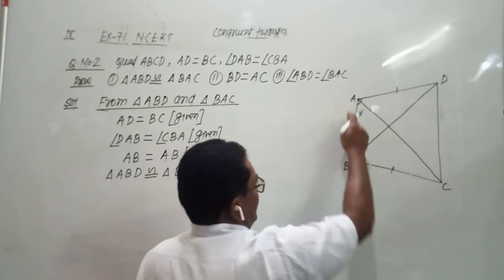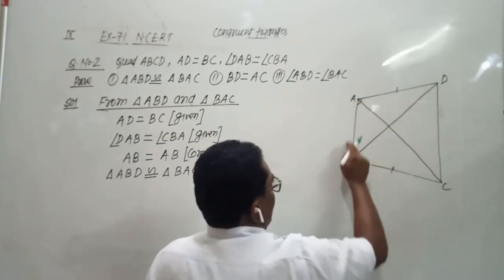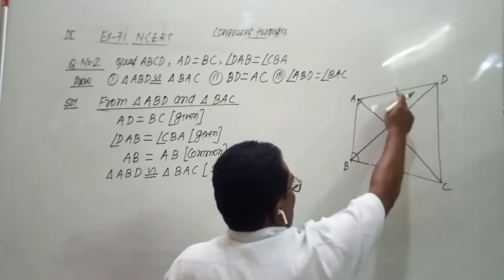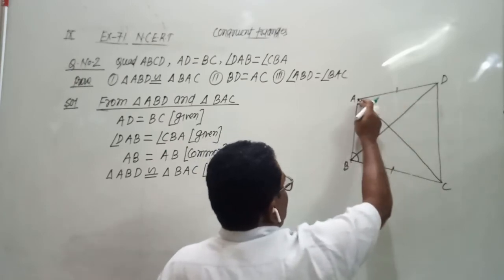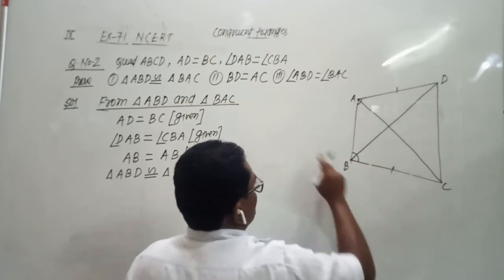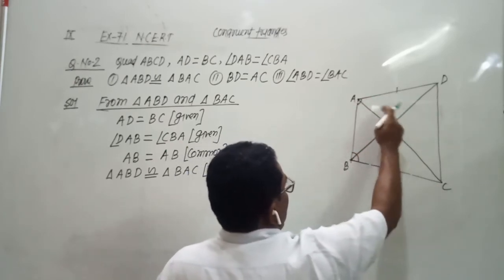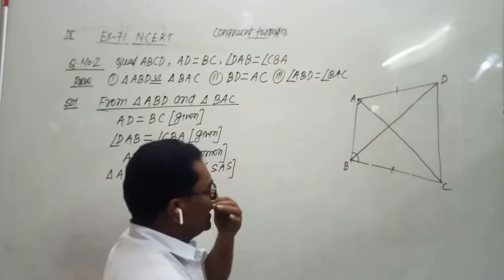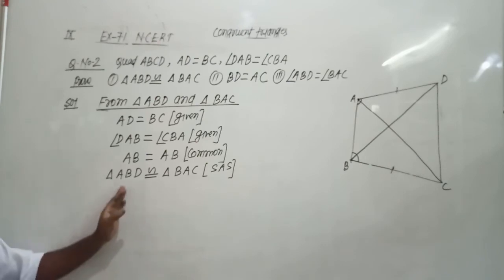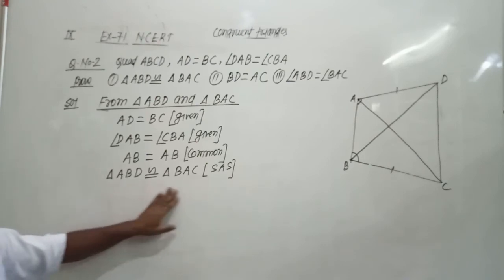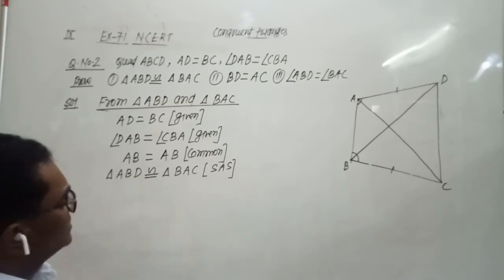In triangle ABD and triangle BAC, we are given AD equals BC, angle ABD equals angle BAC, and side AB is common to both triangles. Therefore, these two triangles are congruent.